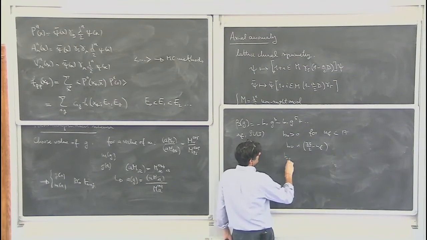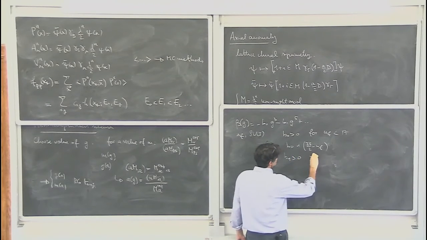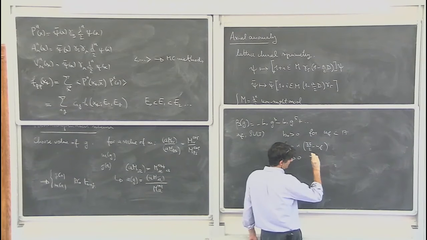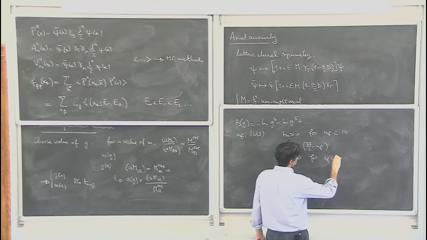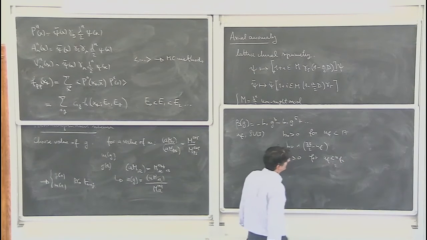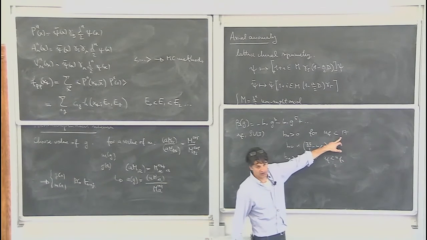However, if you look at b1, it is also positive in perturbation theory for Nf smaller than some Nf critical, which I cannot remember, but which is smaller than 17.